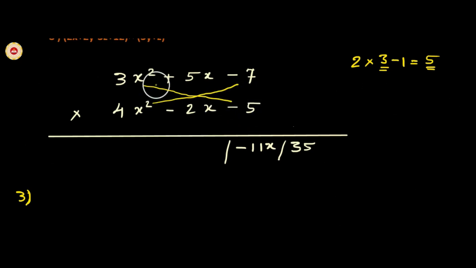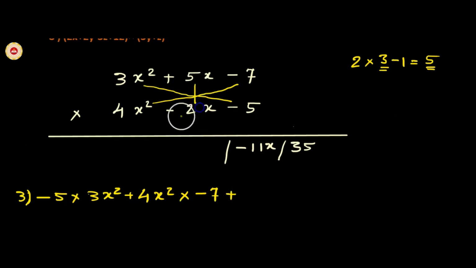So minus 5 multiplied by 3x squared plus 4x squared multiplied by minus 7, plus, now vertically, minus 2x multiplied by 5x. Minus 5 times 3 is minus 15x squared.